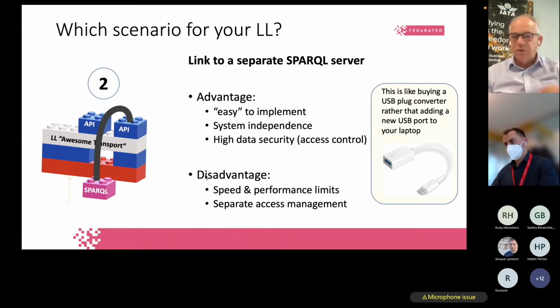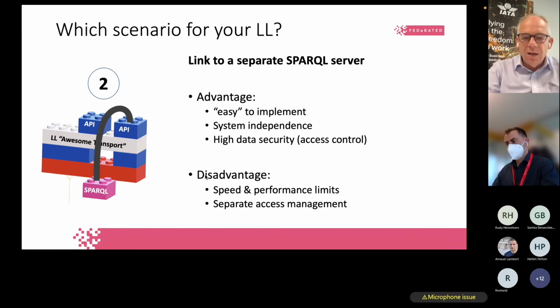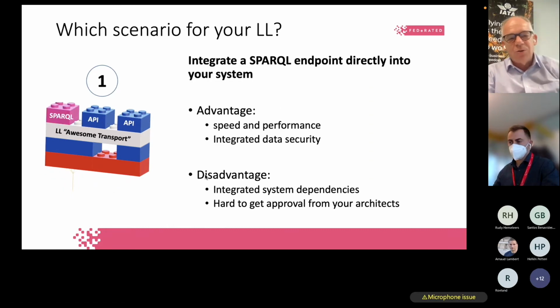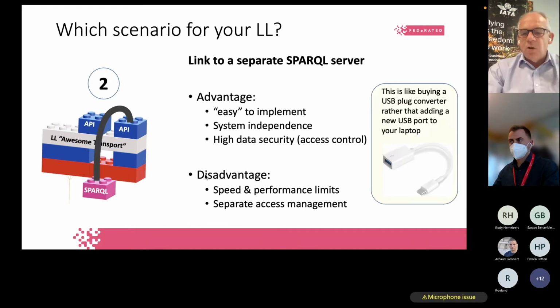Now, you can do two things. Option 1, this one here, will be that you literally take a drill and you drill a hole in your laptop and you open it up and you add a new connector. That's one way of doing it, but as you can understand, your IT department will not be happy if you start drilling holes in your laptop. But what they don't mind is if you buy a little converter cable, stick it in, everybody's happy.